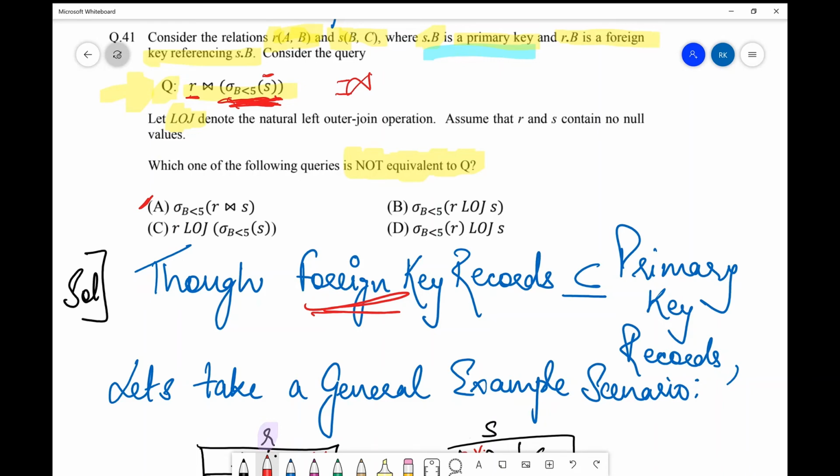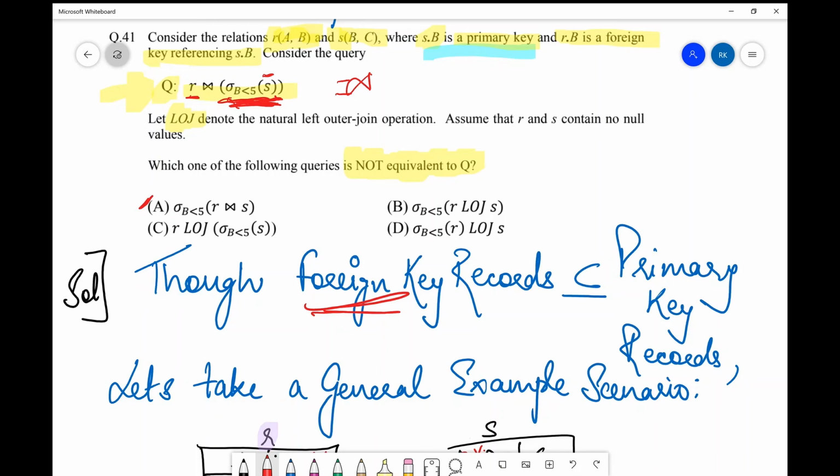If we consider this particular constraint, then obviously R would not be containing any extra value which is not present in S. So basically B does not contain any value in R which is not present in S. Then in that case, no matter which left outer join you take, all these values, also the A option, all of them are going to give you the same result as Q. So in that case, this question would have become an invalid question.